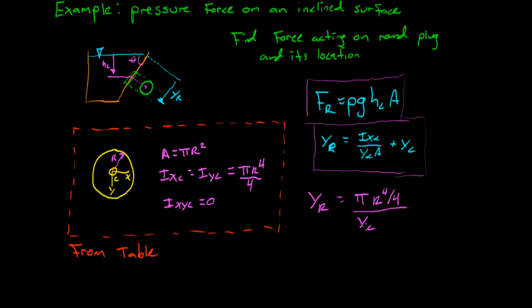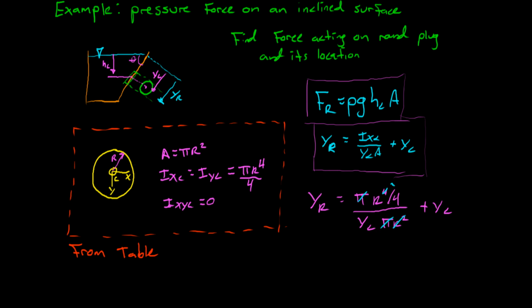So Yc, that's the distance, by the way, along the surface to the centroid, Yc. The area is pi r squared, and then we're going to add to it Yc. And we can do a little bit of canceling here, so the r squareds cancel. This becomes r squared. Get rid of the pi's.